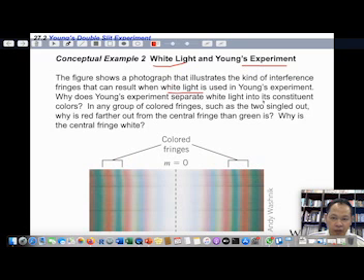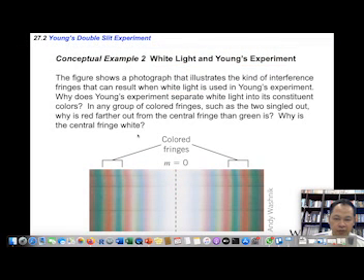Why does Young's experiment separate white light into its constituent colors? In any group of colored fringes, is the red farther out from the central fringe, then green? The central fringe is white. Why is this white? Okay, so you have the answer from this.